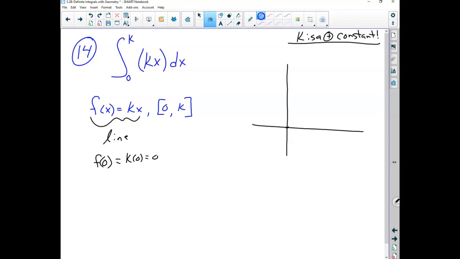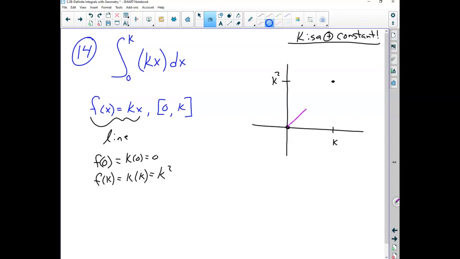It's 0. So 0, 0. And then I also need to know, at my other endpoint, what is f of k? Well, that's going to give me k times k. Well, that's k squared. So that means when I come out here, k units, I'm going to have a point up here that reflects the area of k squared.